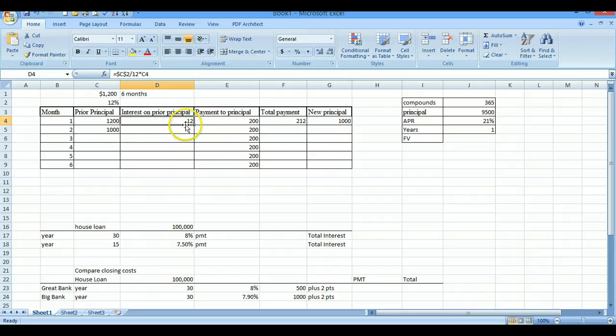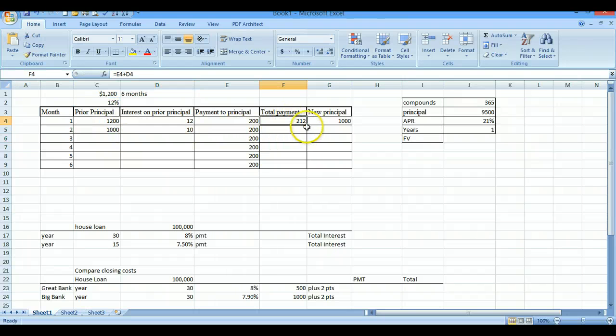Now the interest, let's go in here and see what I did for my formula. This one I did an absolute cell reference of my APR divided by 12, and I referenced the cell to the left. So that's good. I can go ahead and pull this down and double check. Yep, it came along with me to the C5, or the cell next to me. 200 is still there.